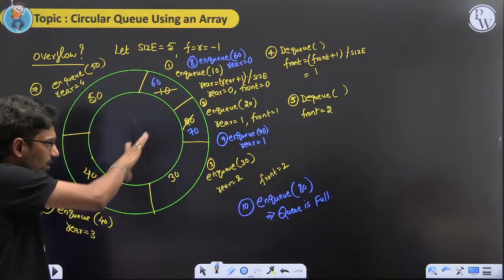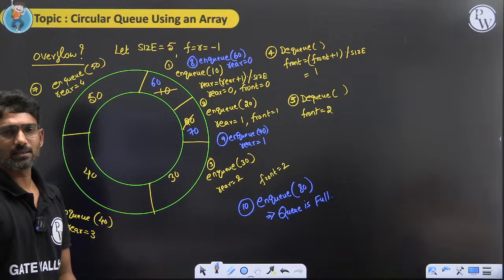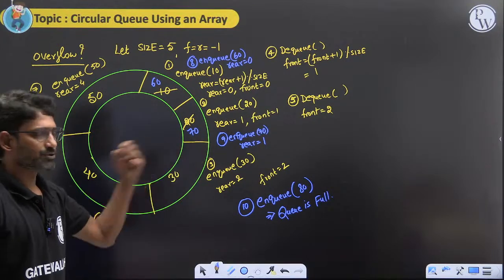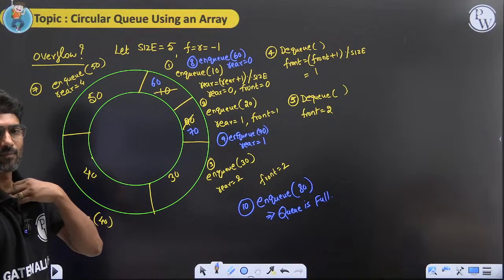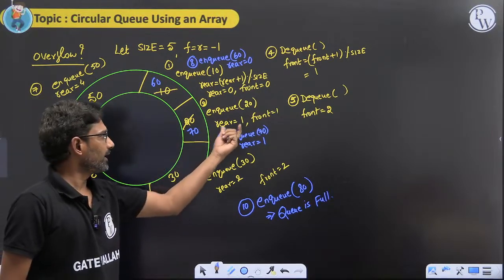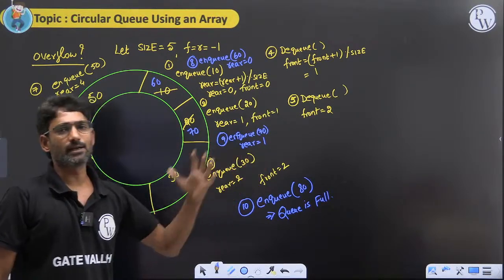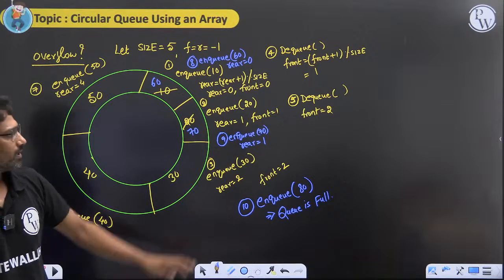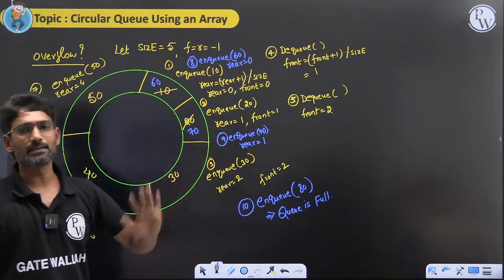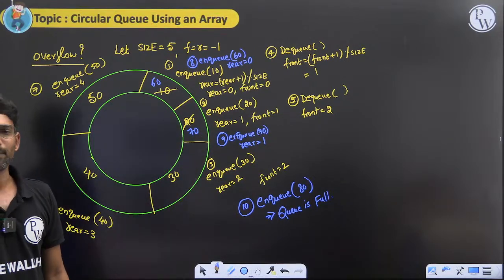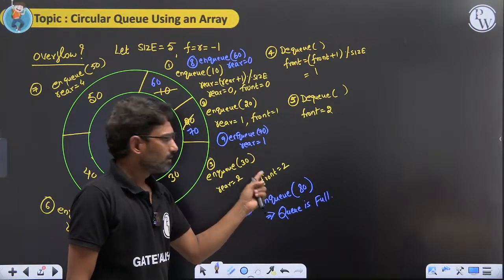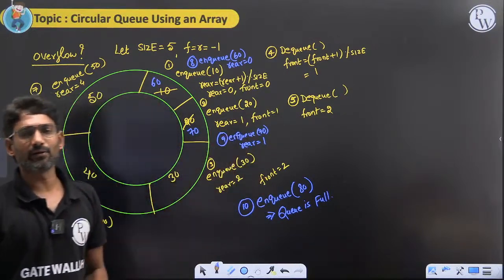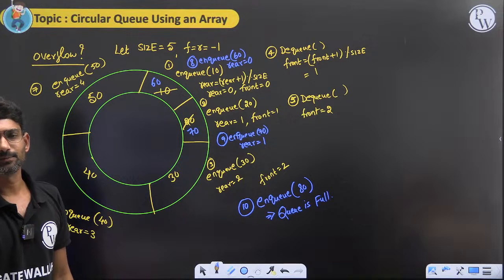So, when such a case is reached, rear is at 1, front is at 2. That means, shall I write when front greater than rear, queue is full?